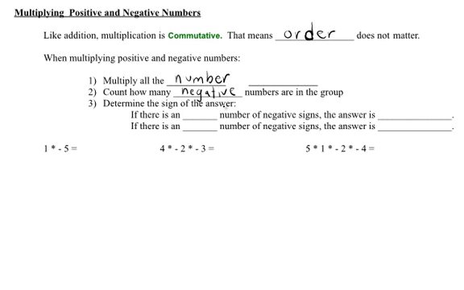The final answer will have a sign based on how many negative numbers were in the group. If there's an even number of negative signs, then the answer will be positive. If there's an odd number of negative signs, the answer will be negative.